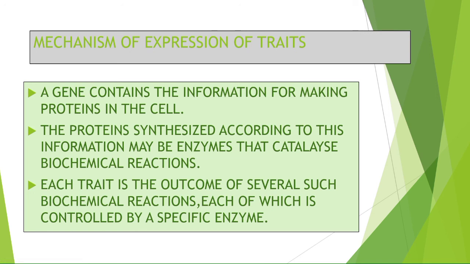Expression of traits. A gene contains information for making proteins in the cell. Proteins synthesized according to this information may be enzymes that catalyze biochemical reactions. Each trait is the outcome of several such biochemical reactions, each of which is controlled by a specific enzyme.